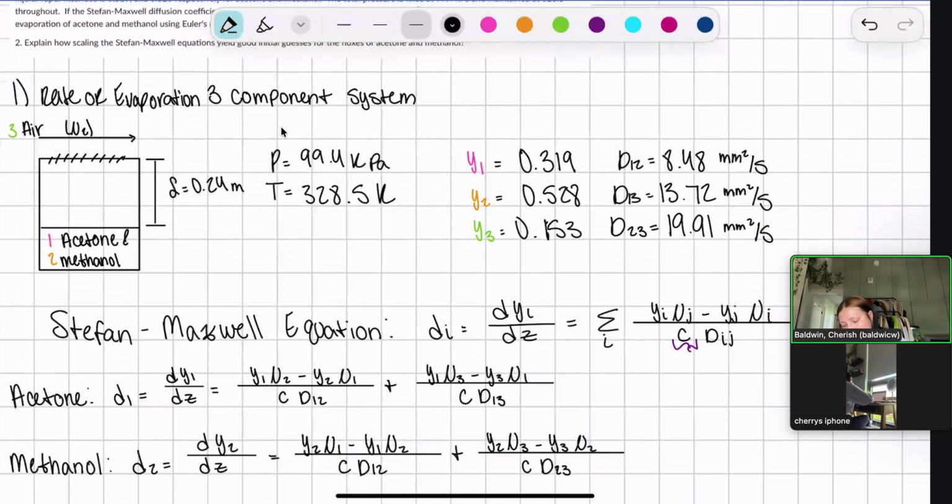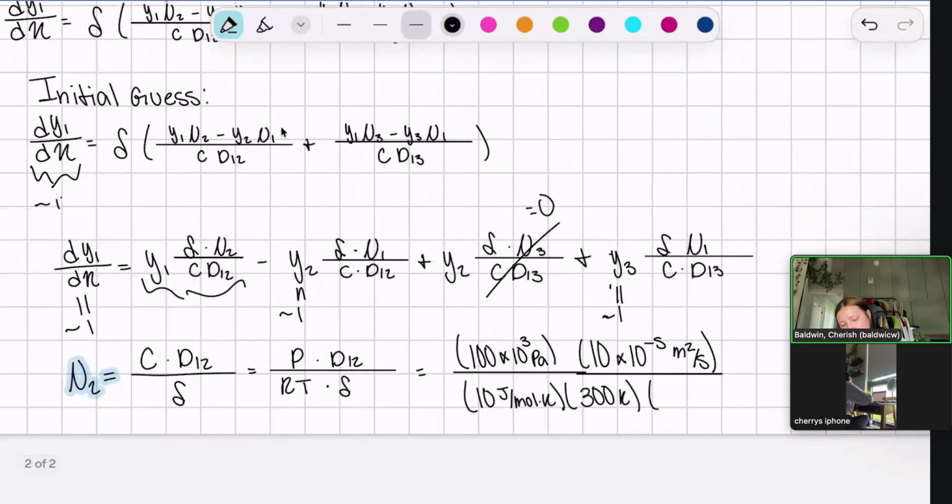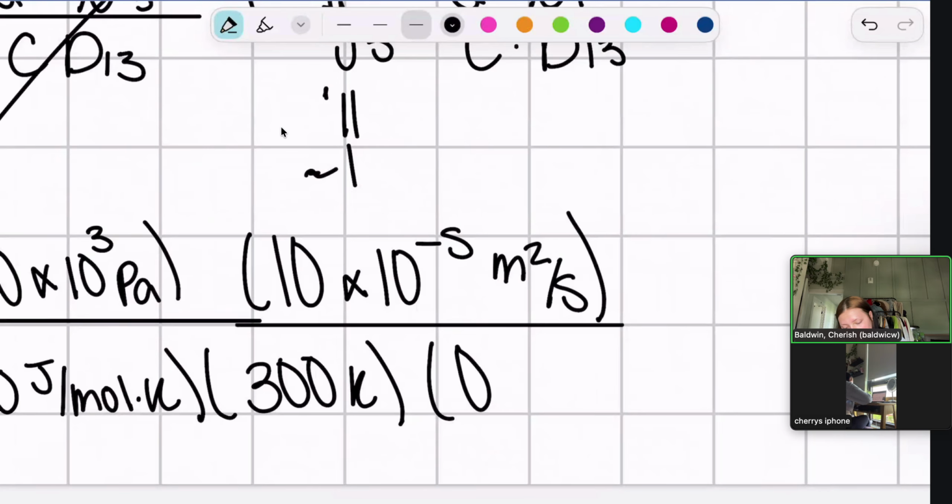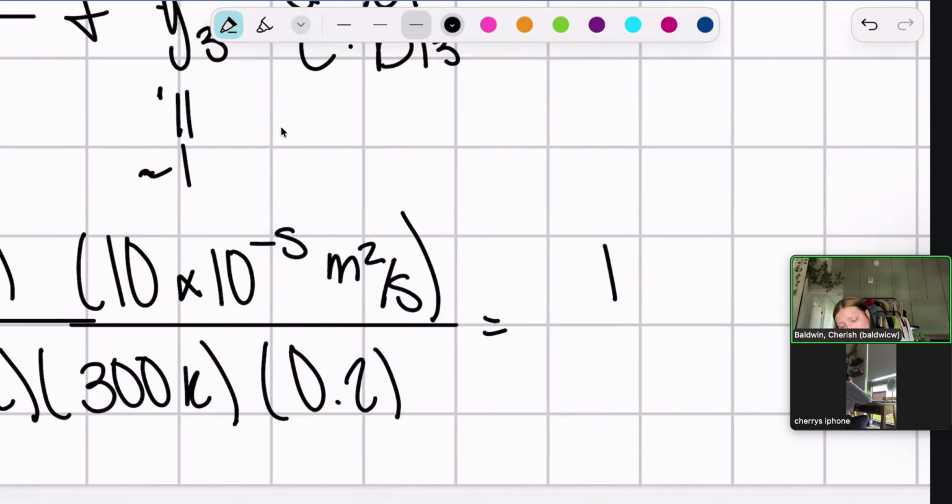We're gonna just count that 0.02. So then that gives us 1/600 for our guess. And this would be the guess for the molar flux of acetone or methanol and acetone. All right, so now we're gonna move over to Excel.